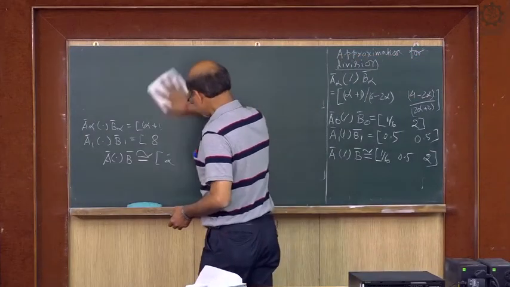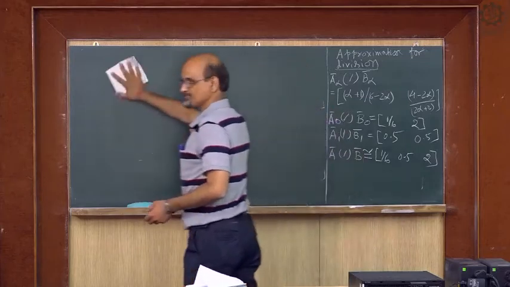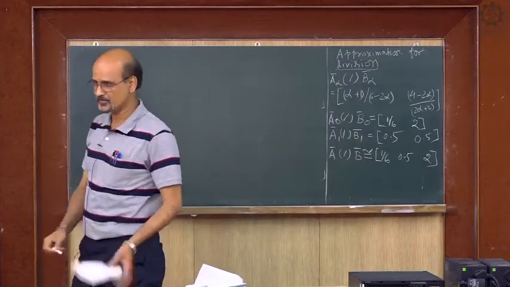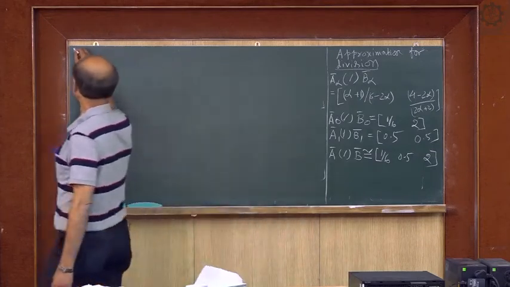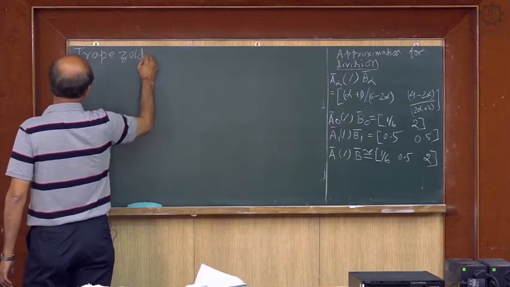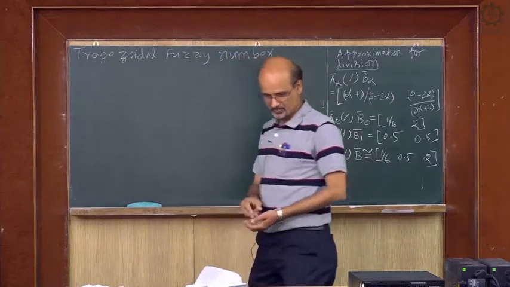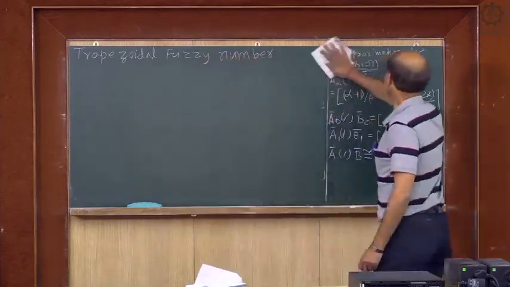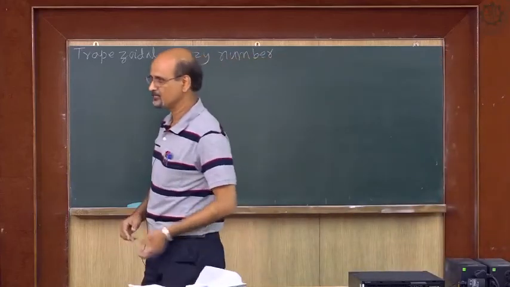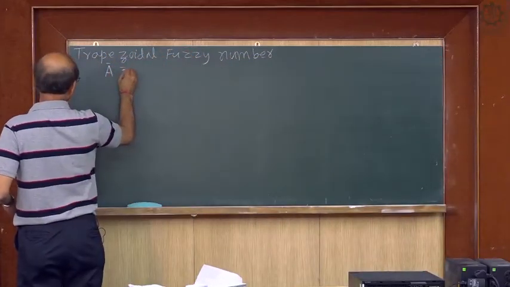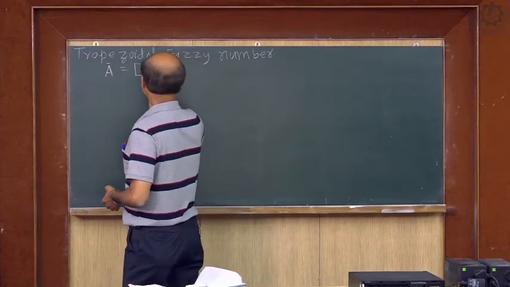Now, there are actually various types of fuzzy number. Next important fuzzy number is trapezoidal fuzzy number. You are seeing that it is triangular, now we have trapezoidal fuzzy number. I hope you know what is trapezoidal. Here, A bar, there it was 3 components, here we have 4 components.